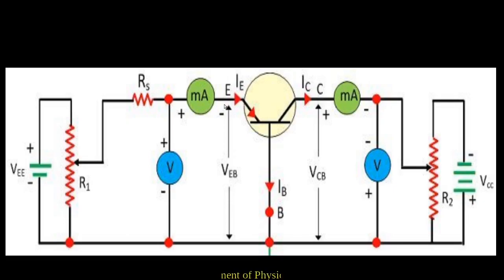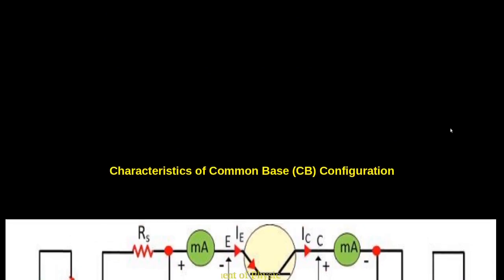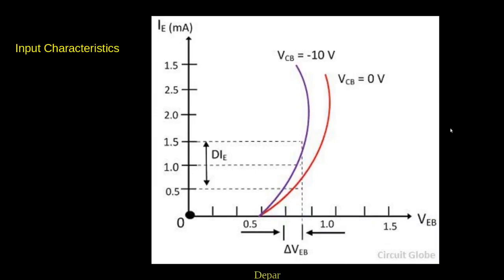The input and output characteristics curve will be studied like this. Here the curve is plotted between the change in voltage across the emitter base junction and the emitter current, keeping the voltage across the collector base junction constant. We plot the graph between emitter current and emitter base voltage.